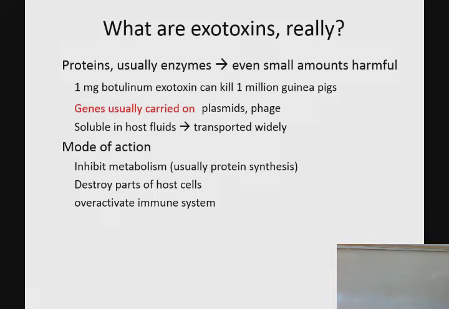And there are 3 ways that different exotoxins work. So I'm not suggesting that every exotoxin does all 3 things. Some of them do one, some do the other, and some do the third thing. So what are the modes of action? Some of them inhibit metabolism, usually by targeting, say, the ribosome and shutting down protein synthesis. So if you're a host cell and you encounter a toxin that shuts down the ribosome, what will happen to you?